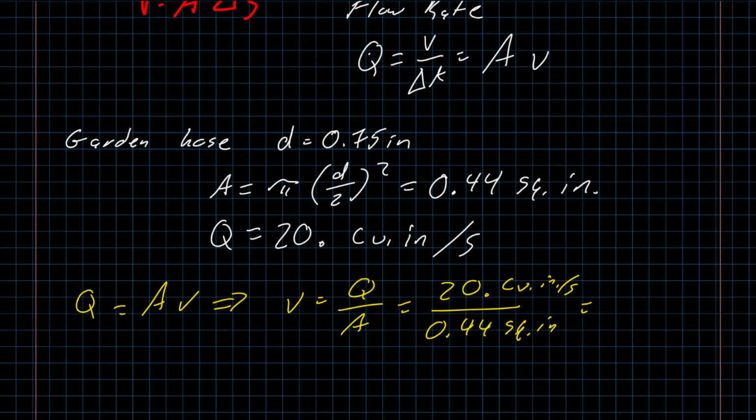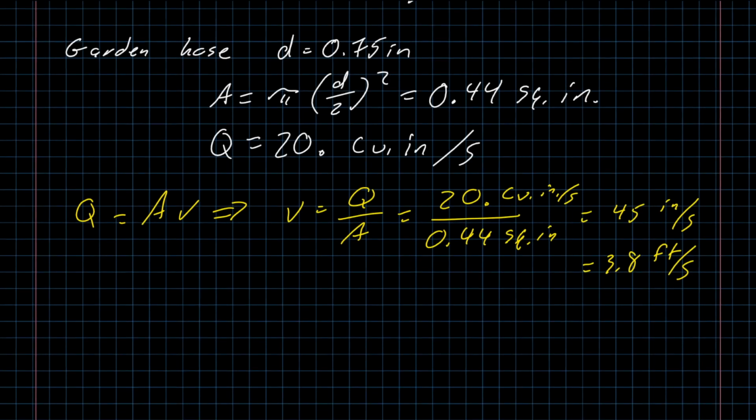My calculator tells me that that is about 45 inches per second. Or perhaps a little bit more useful, if I divide that by 12, I can write that as 3.8 feet per second, which is a little bit more common as a measure of speed.